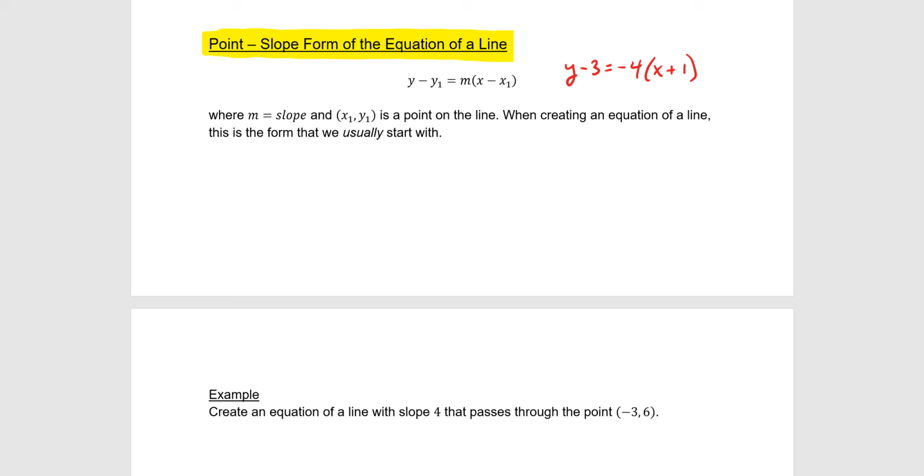Not as intuitive as the last form, but this would mean that the point on the line would be negative 1 comma 3, and the slope would be negative 4. Like I mentioned, when we're creating an equation of a line, more often than not, this is the equation that we should start with and then fill in the slope and one of the points that it crosses through.